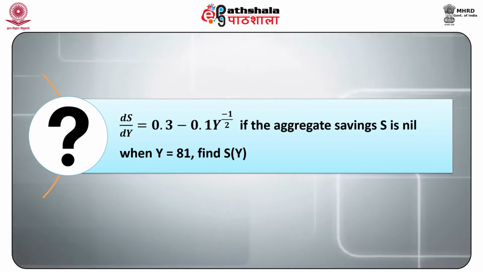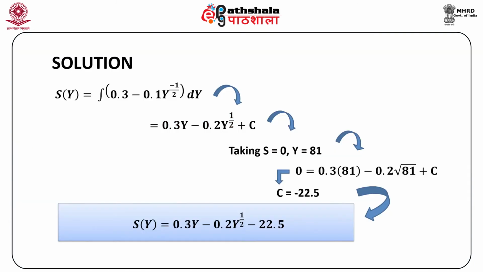Find savings function. Savings function is given by integral of 0.3 minus 0.1 y to the power minus 1 by 2 whole dy, which is equal to 0.3y minus 0.2y to the power 1 by 2 plus c.